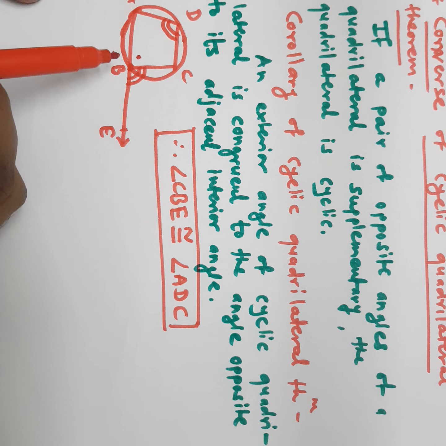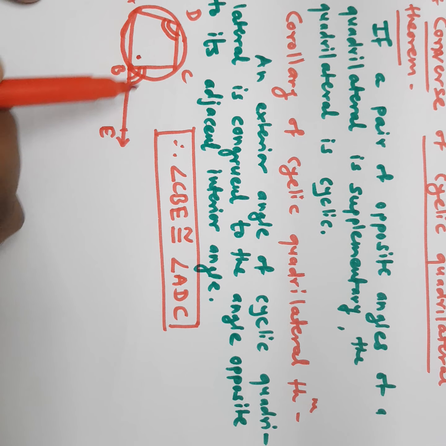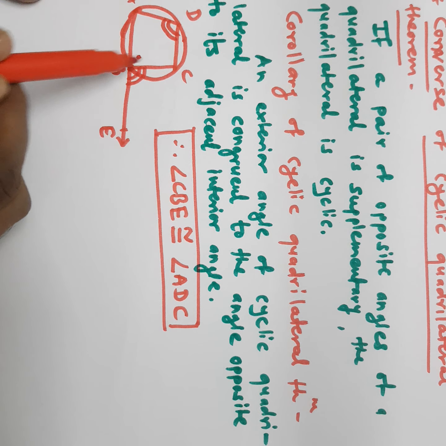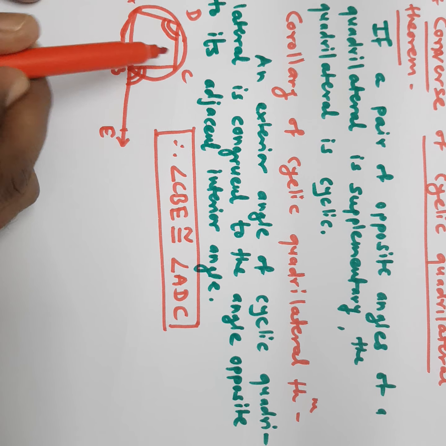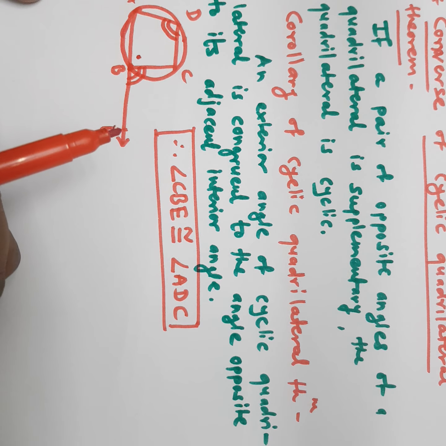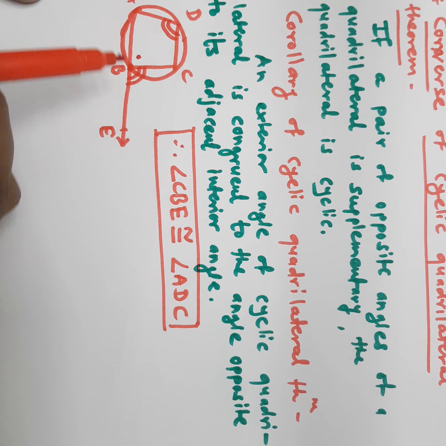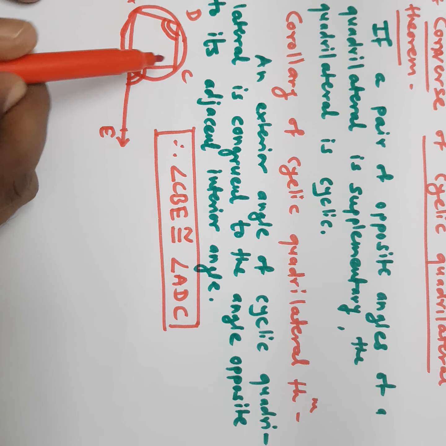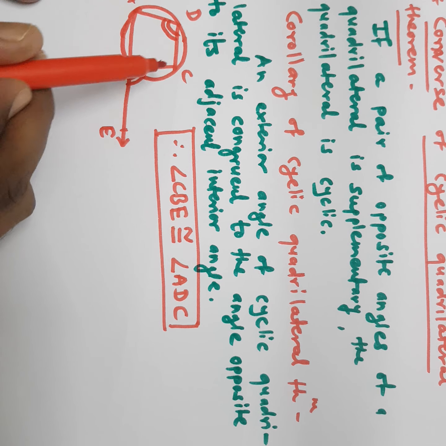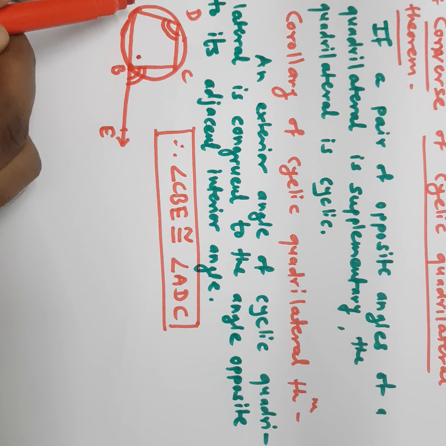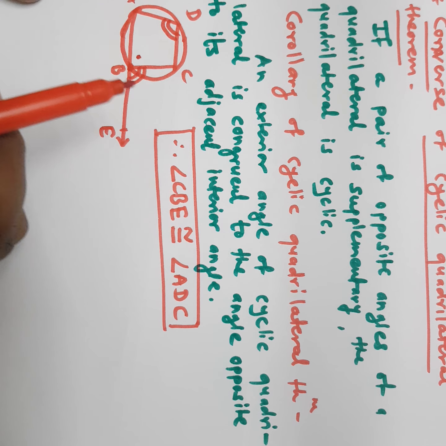Writing the equations: angle CBE plus angle ABC is equal to 180 degrees, equation 1. Angle ABC plus angle ADC is equal to 180 degrees, equation 2. Then angle ABC is common. Therefore, angle CBE congruent to angle ADC can be proved easily.